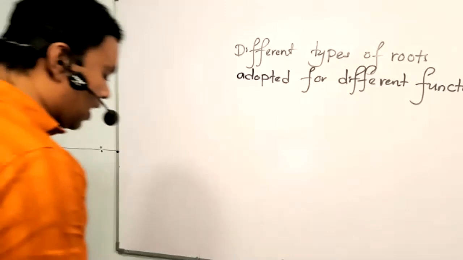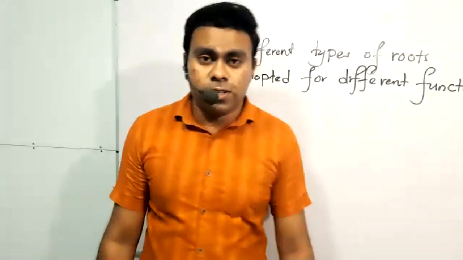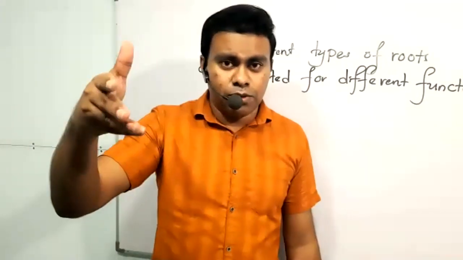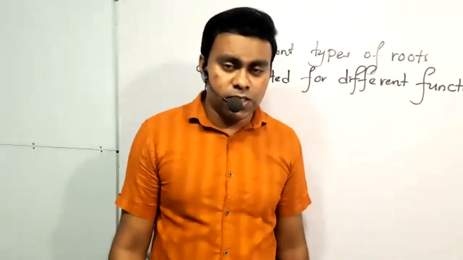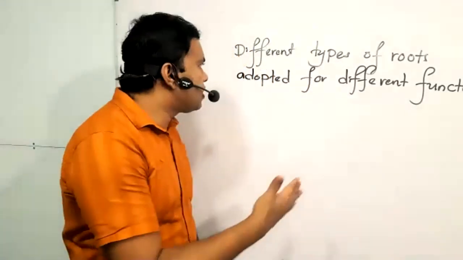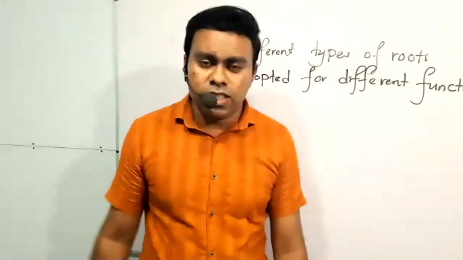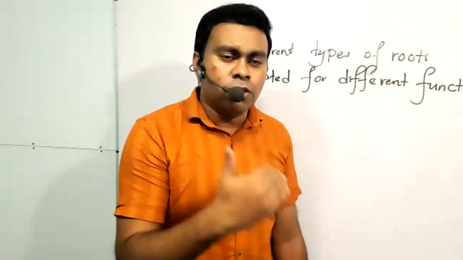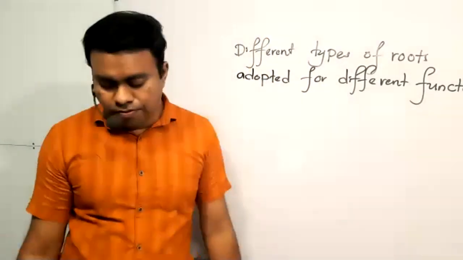There are two major types of roots, you know. They are actually two systems of roots. One is taproot system, the other one is fibrous root system. In addition to that, there are different types of roots adapted for different functions.